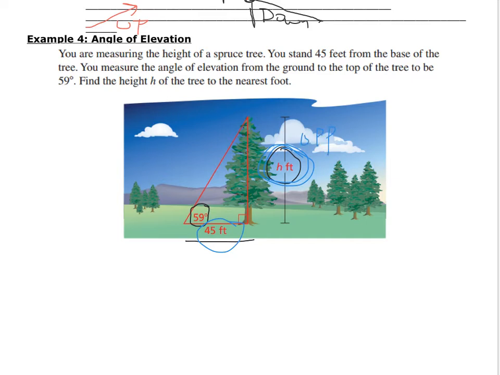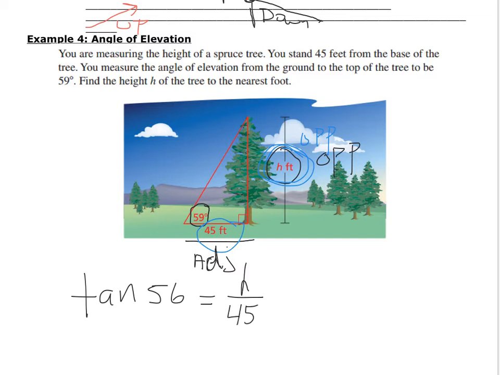That didn't show up very well in blue. It's the opposite leg, and 45 feet is the adjacent leg. Well, what trig ratio uses opposite and adjacent? Well, tangent does. So it's tangent of a 56-degree angle, and the ratio is the missing opposite leg, which is h, over the adjacent leg, which is 45.